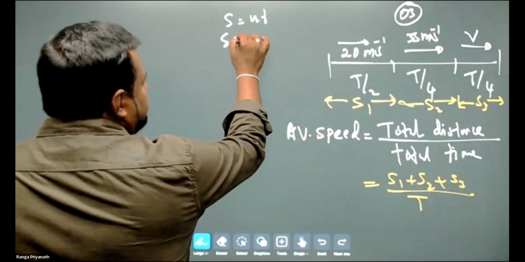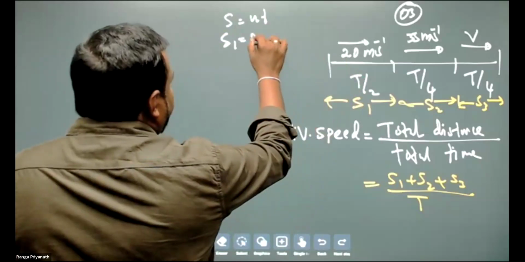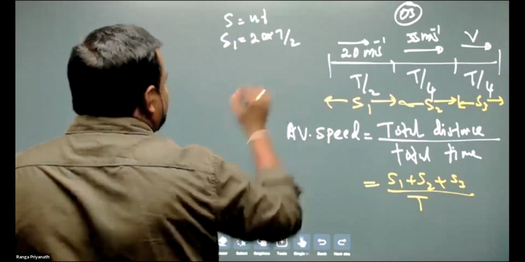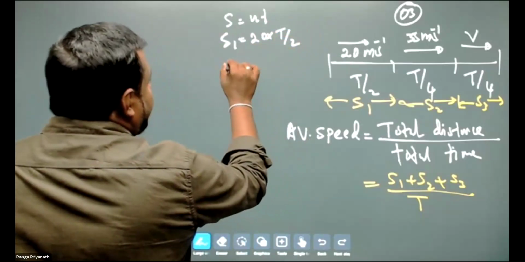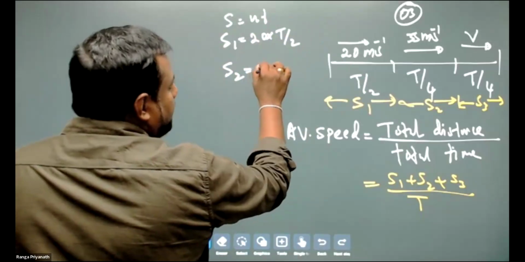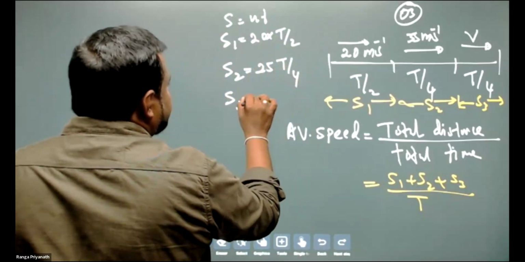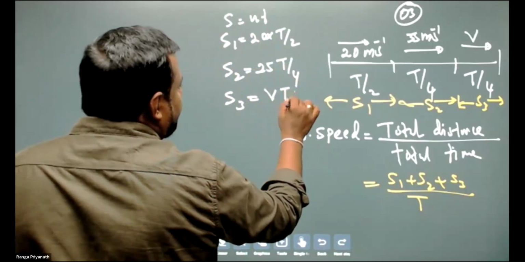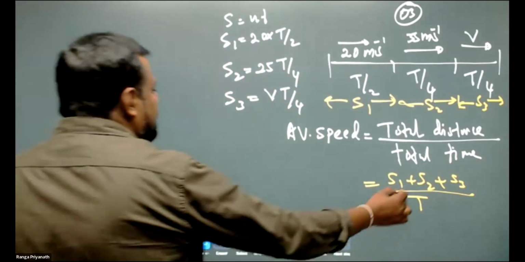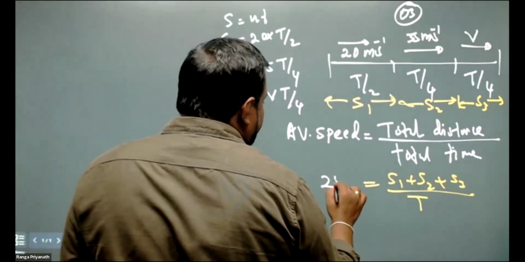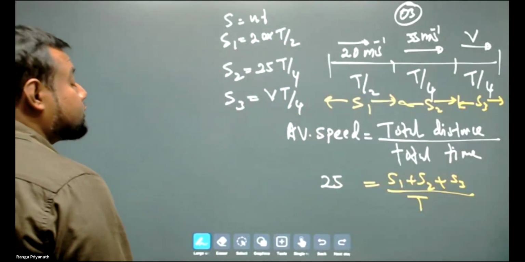So S1 means 20 into T by 2. S2 similarly is 25 into T by 4. Similarly S3 is v into T by 4. Now you can substitute that here. Average speed was given as 25. We can use that data.